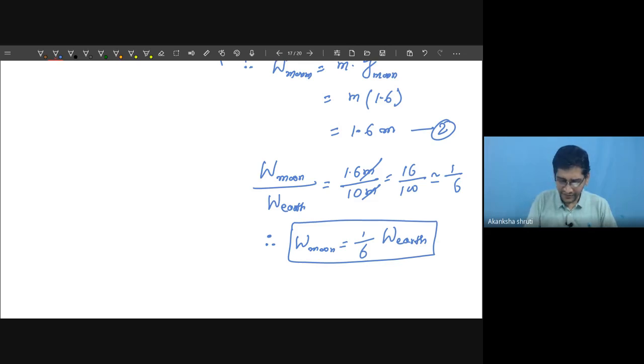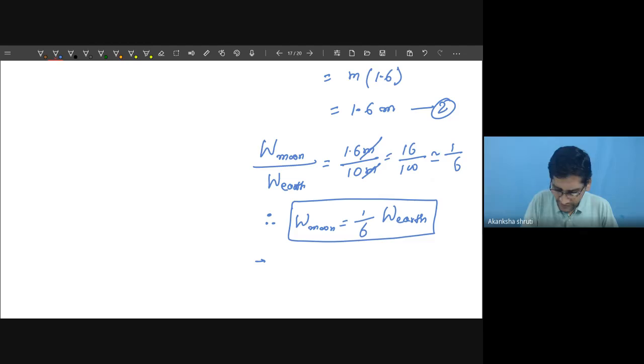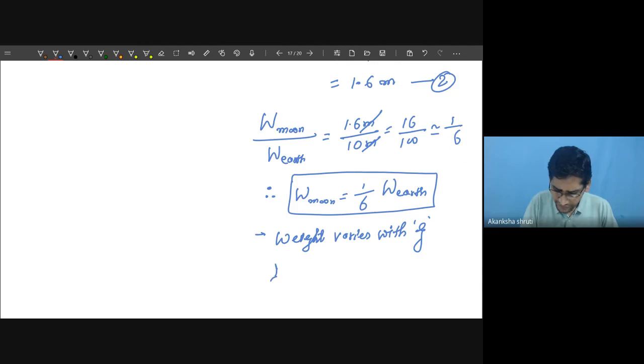This is the other thing that we have to keep in mind. So this way we are observing that weight varies or depends on the acceleration due to gravity g. If g is equal to 0, there are certain situations like in space.